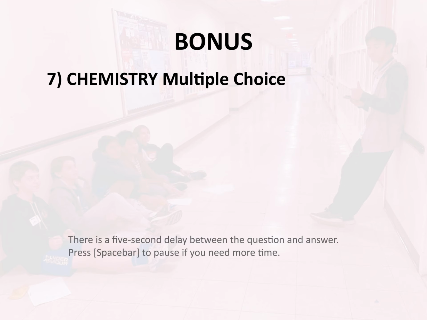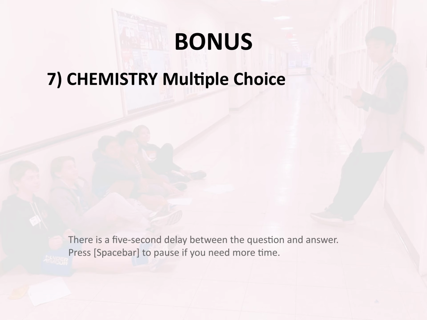Bonus 7. Chemistry. Multiple choice. Propranolol hydrochloride is a stable solid that belongs to a class of molecules known as beta blockers, and is prescribed as a racemic mixture. Which of the following is not true with respect to propranolol hydrochloride? W. It will not rotate plane polarized light.